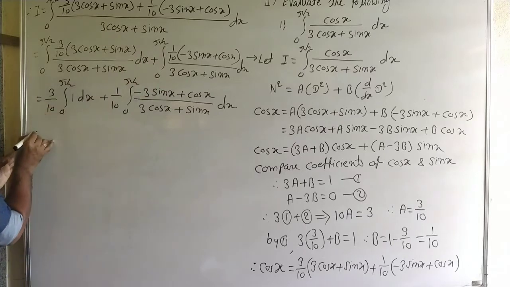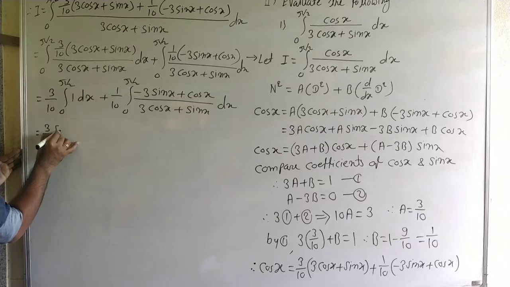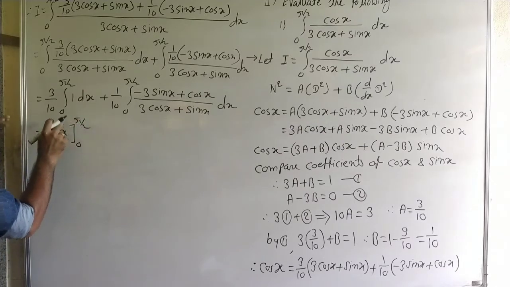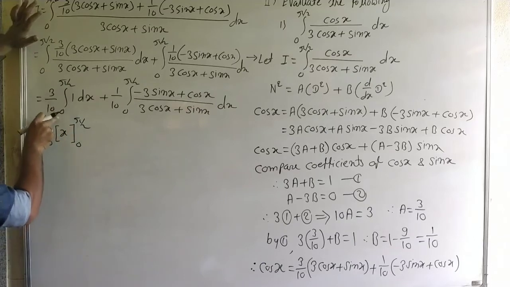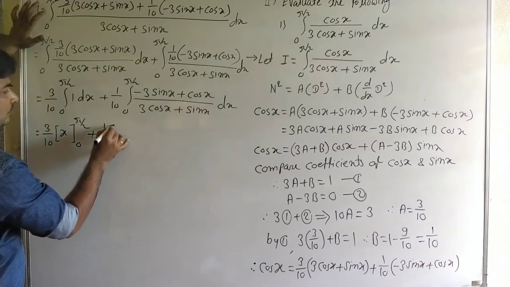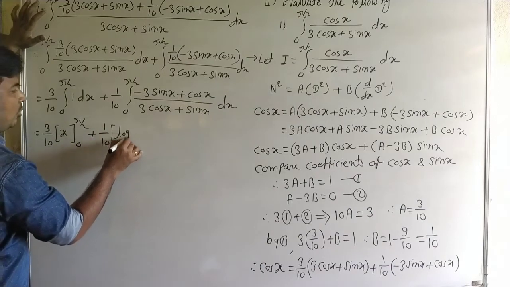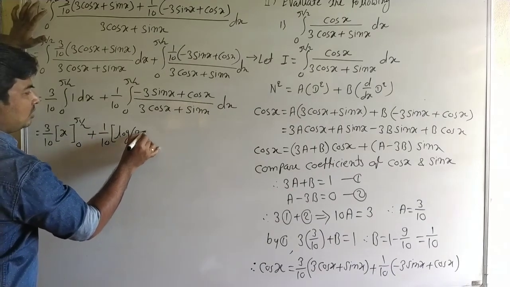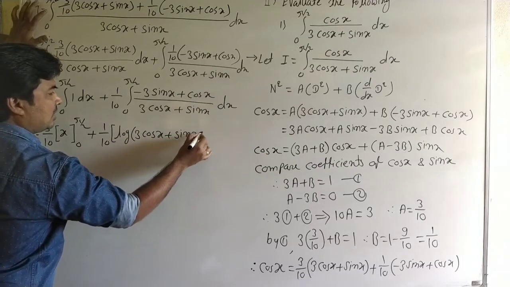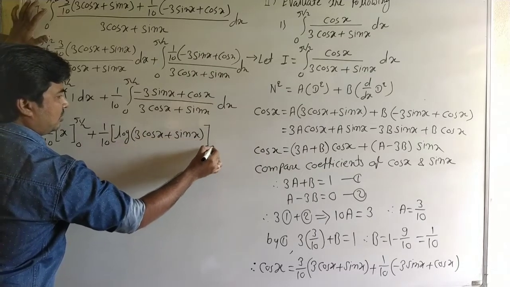Then here it is 3 by 10 x with limit 0 to pi by 2. See carefully. Integral of 1 is x, with limit 0 to pi by 2, plus 1 by 10 as it is, and here the integral is log of 3 cos x plus sin x with limit 0 to pi by 2.